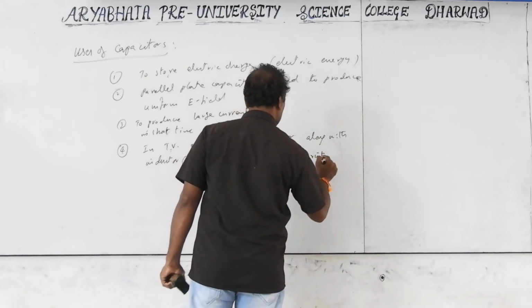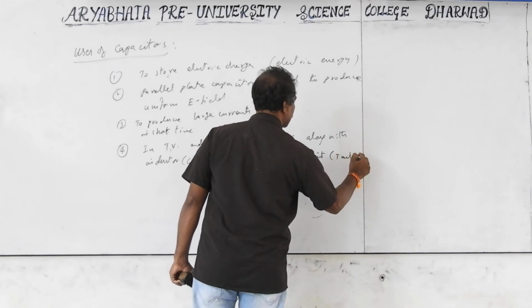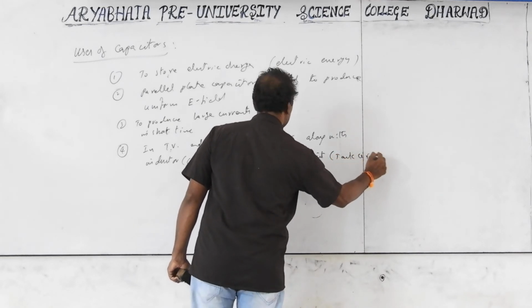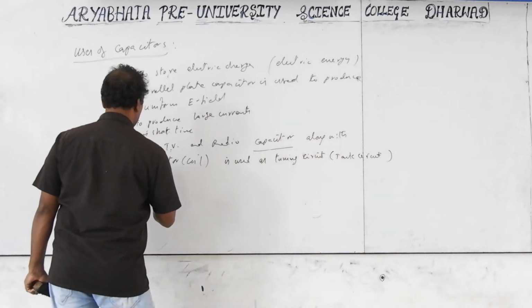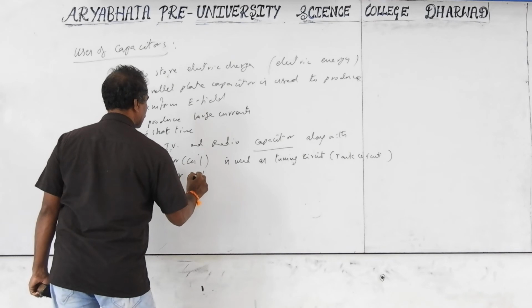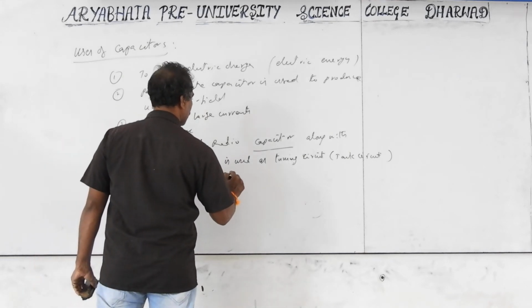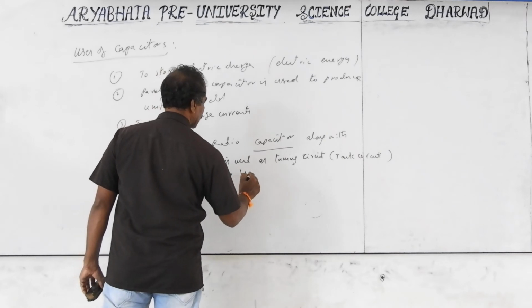This is also called an alternating circuit, or a tank circuit, used to select a particular frequency of station or channel.